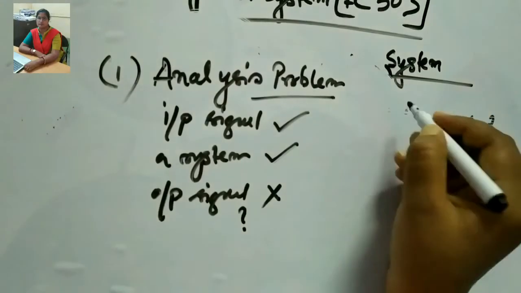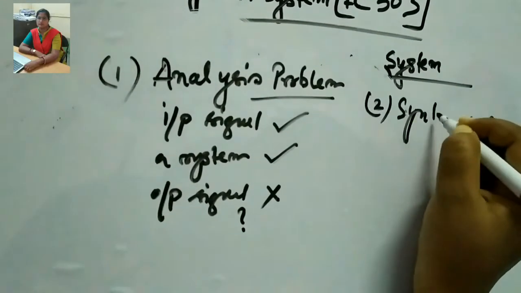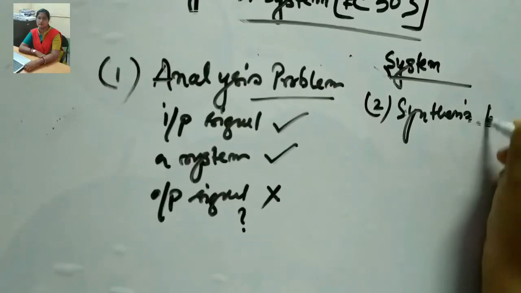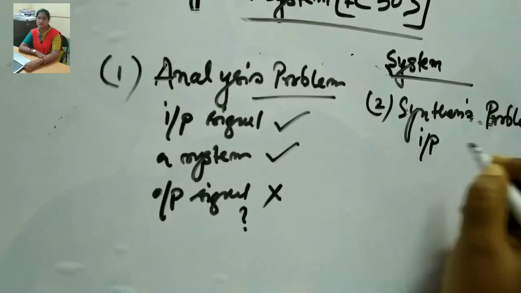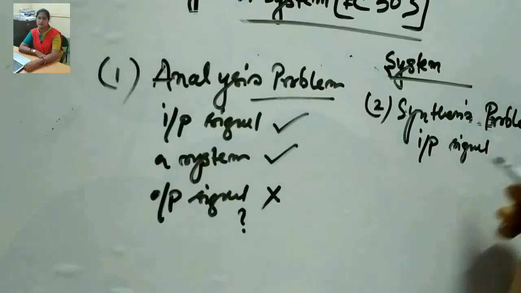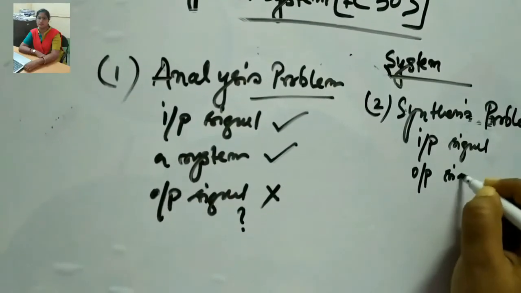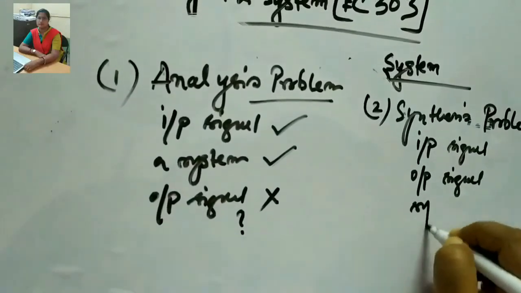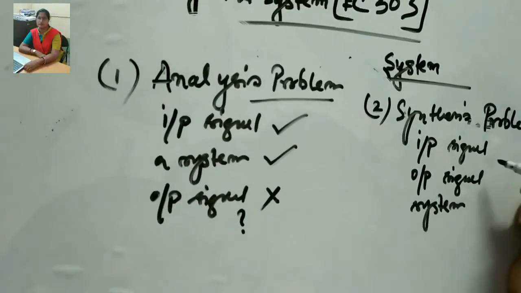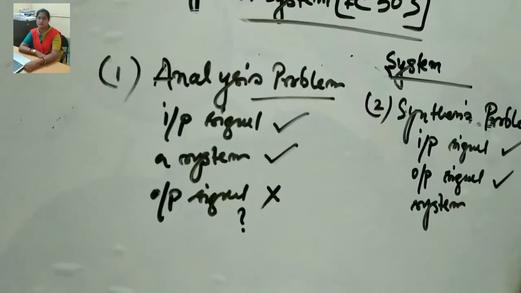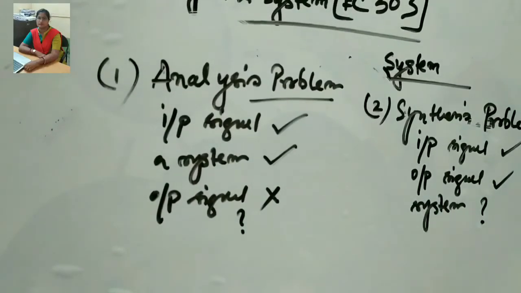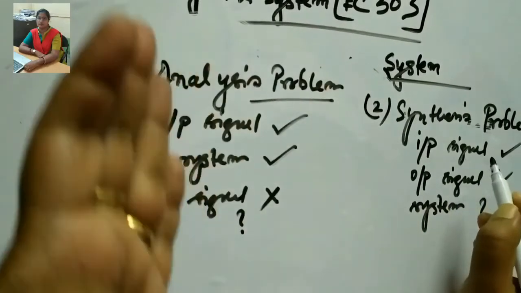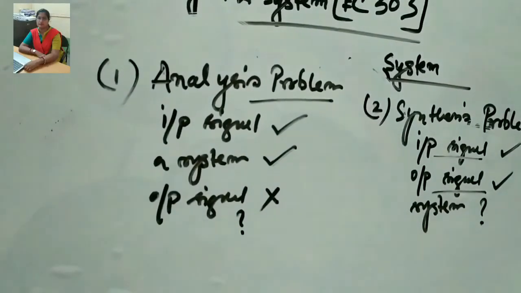In the case of a synthesis type of problem, we have an input signal, we also have an output signal, but we don't have any system. So there is an input signal, there is an output signal, but we have to find the system, with the help of information provided by the input signal and output signal.